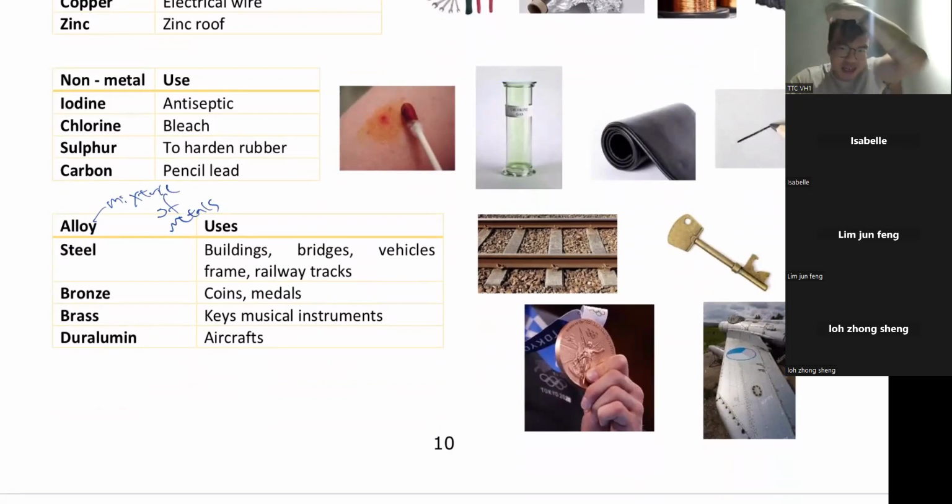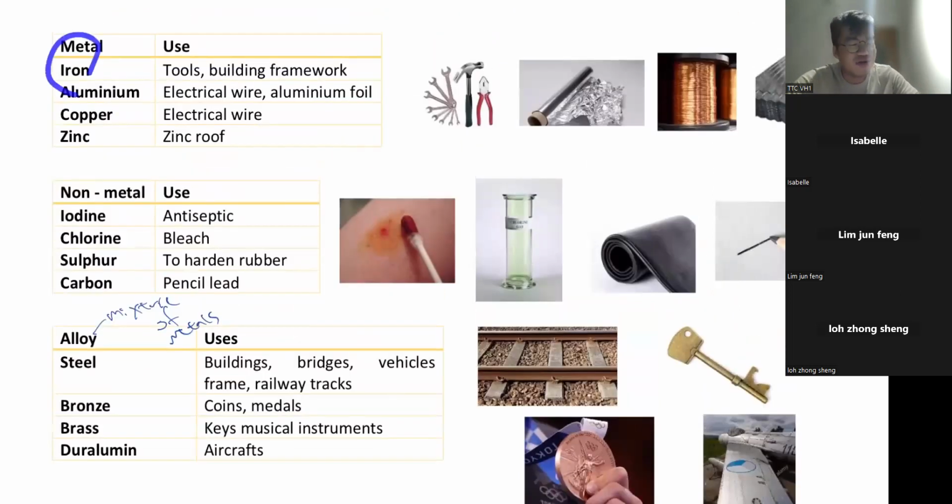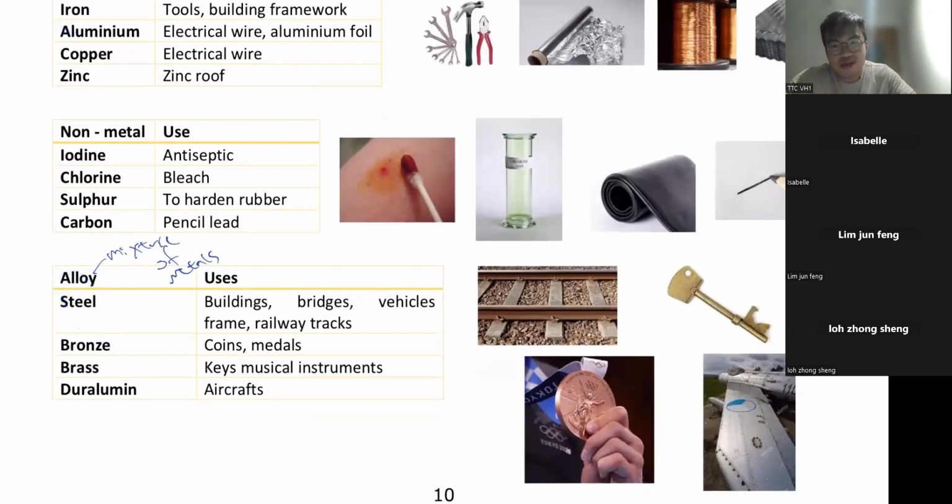Steel is a mixture of iron and carbon. So we use it for buildings, bridges, vehicles. Mostly we don't use pure iron, but we use steel. And of course the steel in your kitchen is stainless steel, the one even pricier. You know it's a stainless steel, huh?